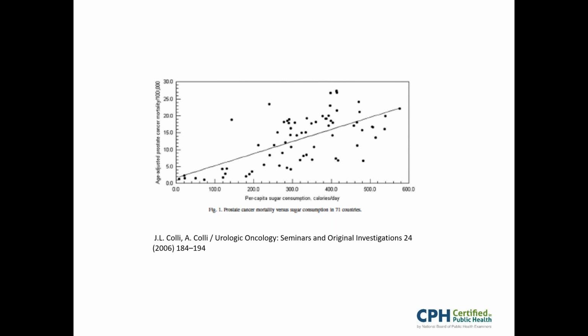Again, this is not a diagram of individual level data. This is population-based data for 71 countries. They've taken the mortality rates for 71 countries and compared them to the per capita sugar consumption for those same countries to see if there's a relationship between sugar consumption and mortality. And that's an ecological study. Next slide, please.